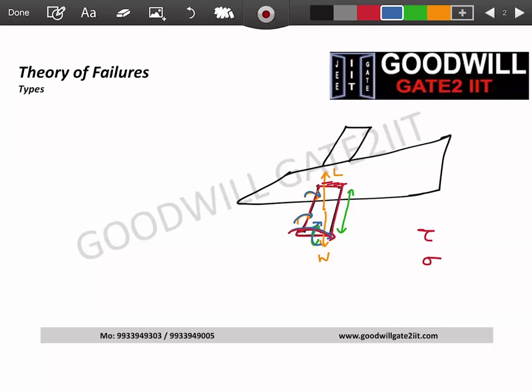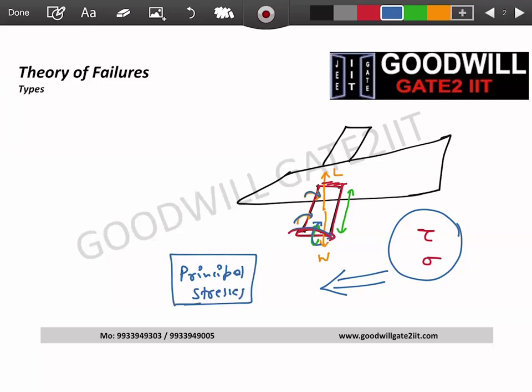So what people thought is that if you have any stressed body and multiple stresses acting on it, we are going to transform these stresses into what are known as principal stresses. And we have spent enough time and detail in basic elasticity in calculating principal stresses.